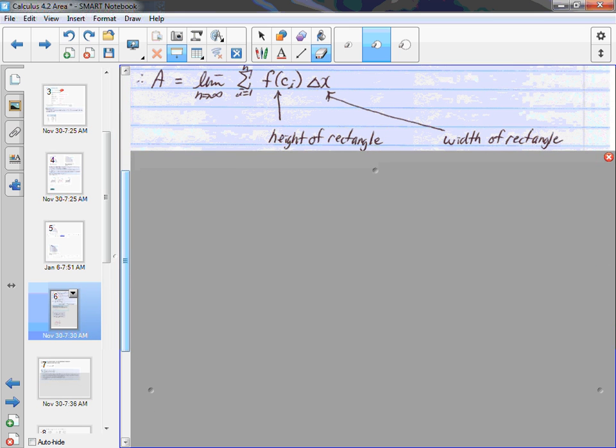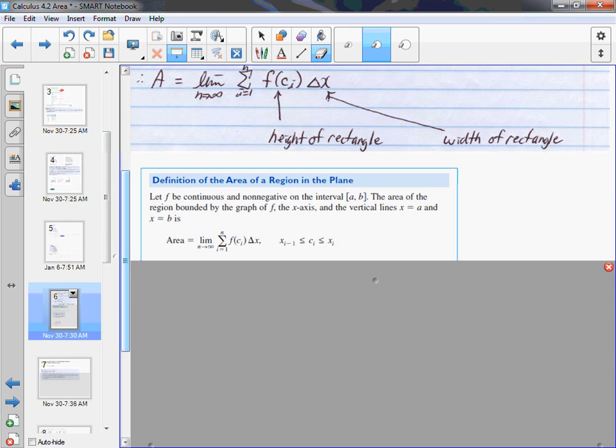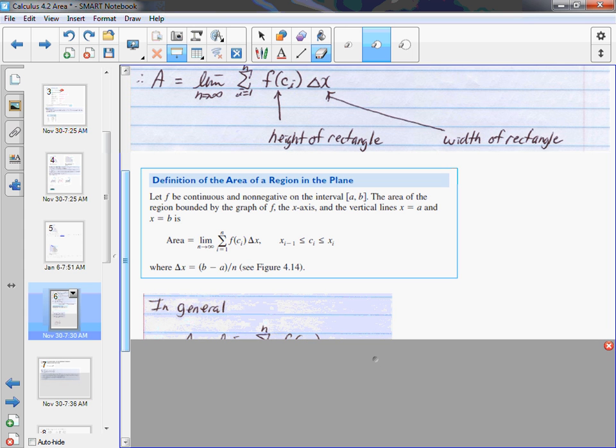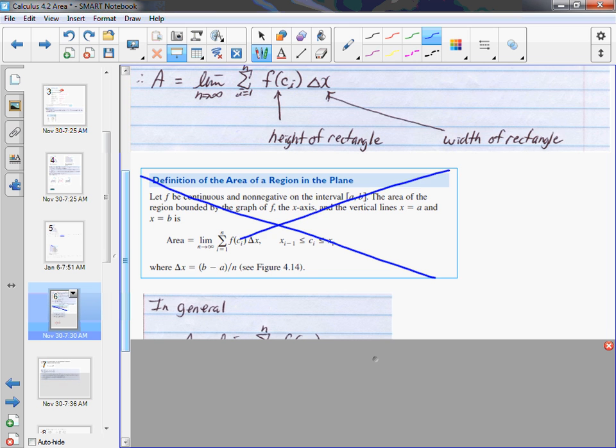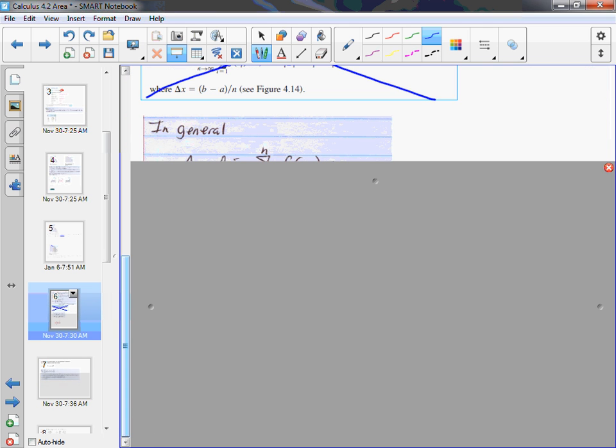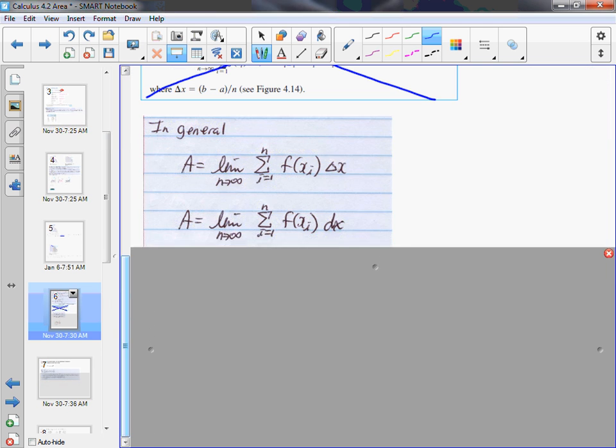Now, in general, and this is where your notes need to end. In general, area equals the limit as n approaches infinity of the sum from i equals 1 to n of f of x sub i, because I'm going to be moving from one x coordinate to the next.